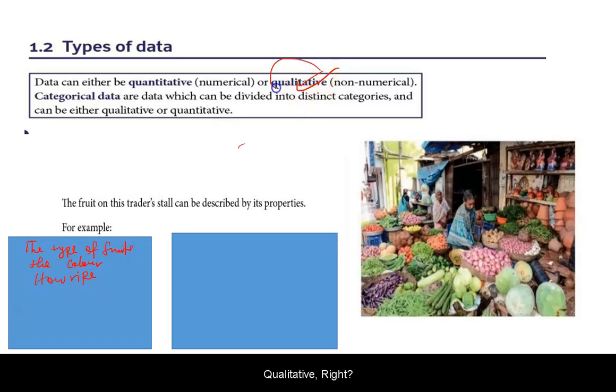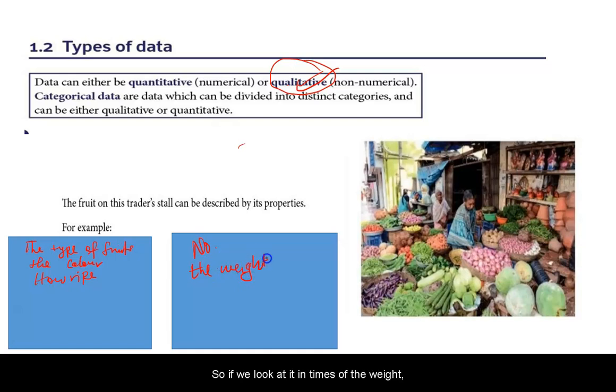Qualitative. Non-numerical, categorical data. Again, we can look at the fruit in terms of the number of that fruit, the type of fruit it is, the weight of a piece of it.